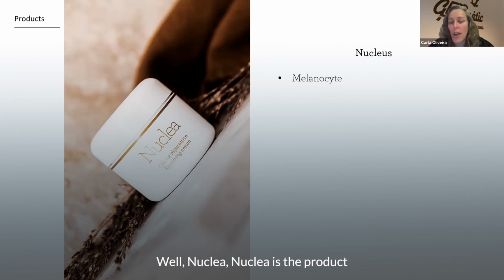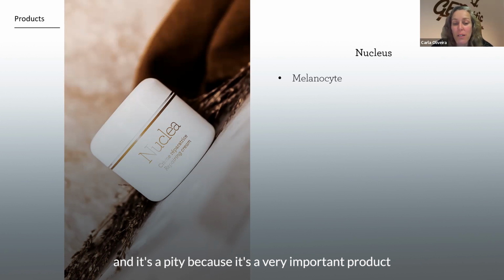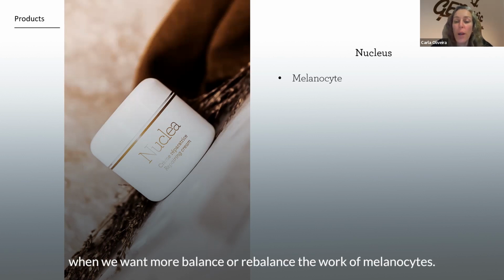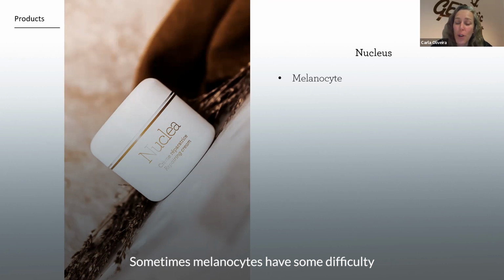Well, Nuclea. Nuclea is a product sometimes not well understood, and it's a pity, because it's a very important product when we want more balance or to rebalance the work of melanocytes. Sometimes melanocytes have some difficulty working together at the same velocity.